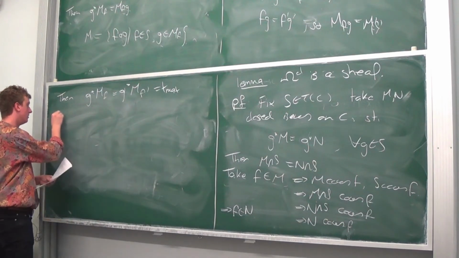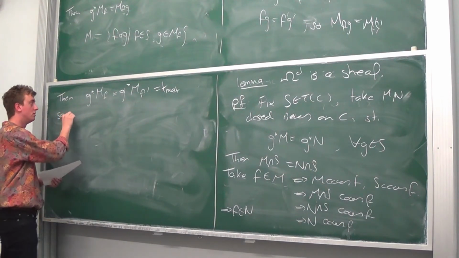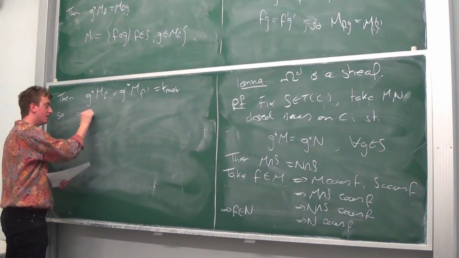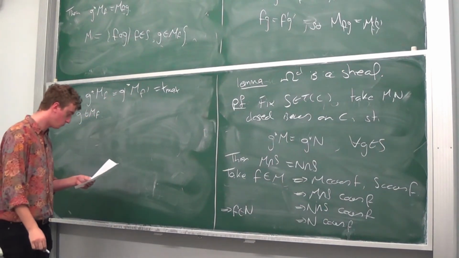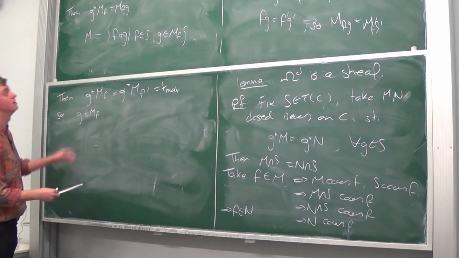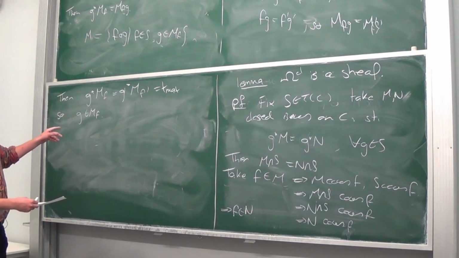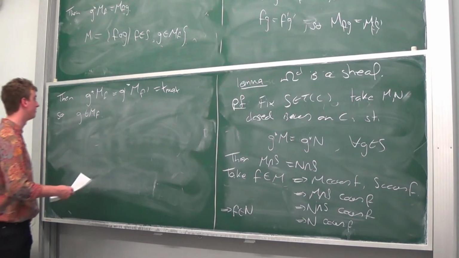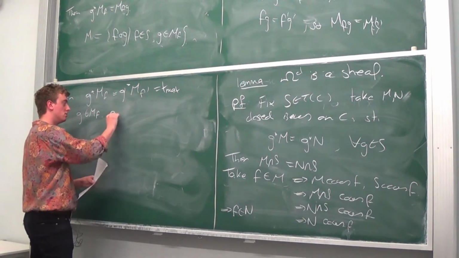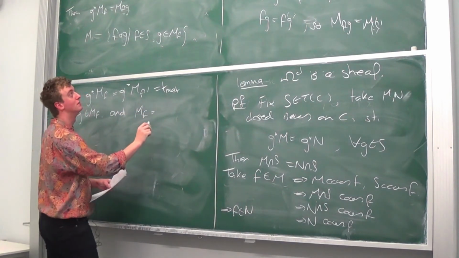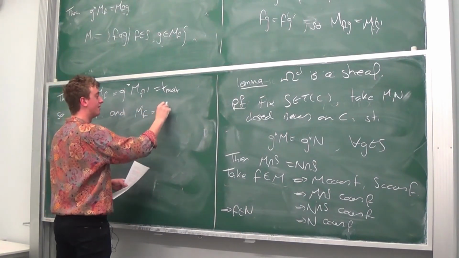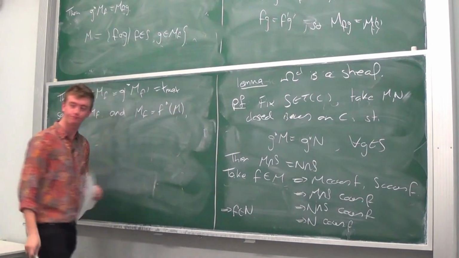So that means that g is in M_f, which is what we were trying to show. So this shows then that M_f is equal to f star of M.